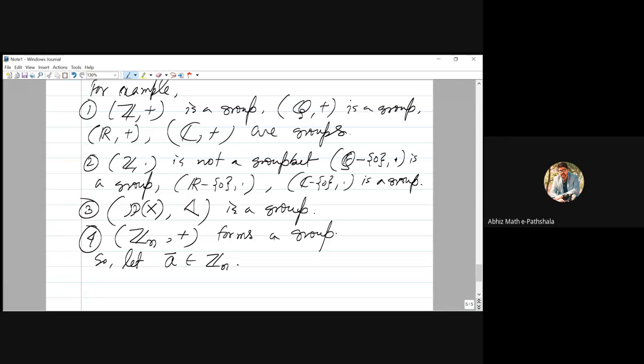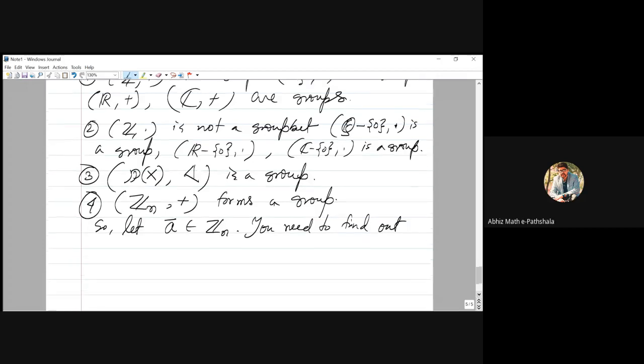So what would be your guess? You need to find out a B class belonging to Zn such that A class plus B class is 0 class, and B class plus A class is 0 class. So that means A plus B class is 0 class, B plus A class is 0 class, right?